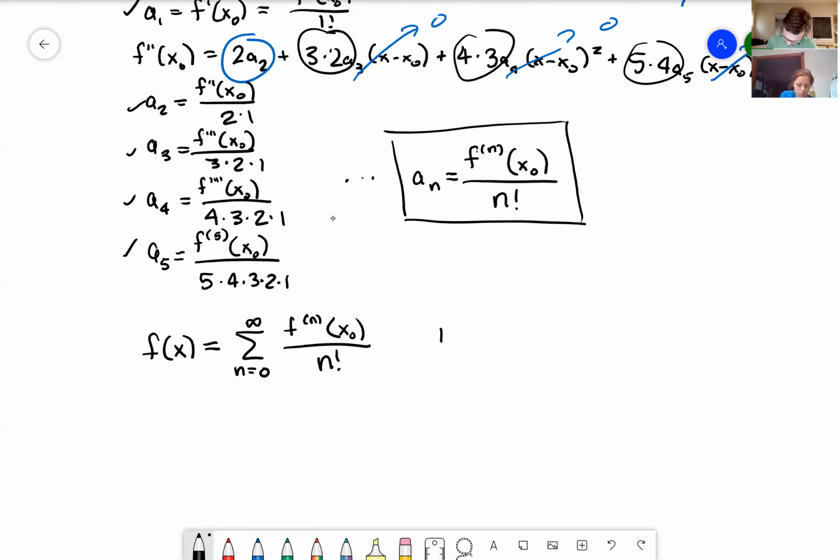Then this would be the Taylor series representation of the function.